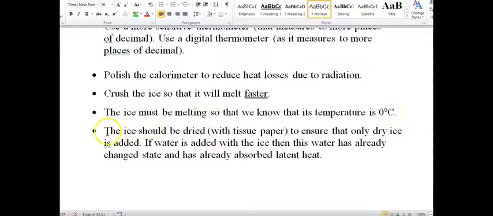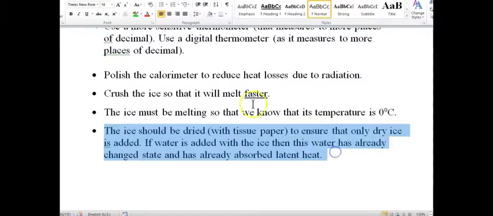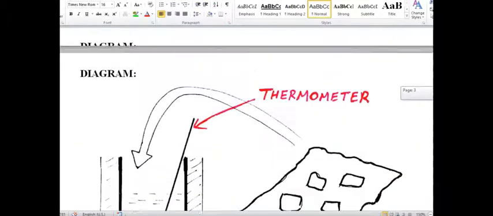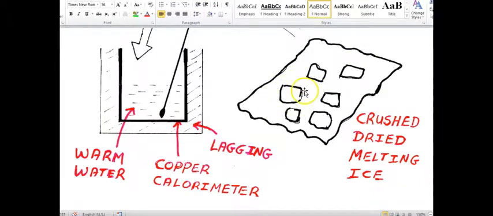An incredibly important precaution is this one here, and this is one that you really need to focus on. The ice has to be dried ice. It has to be dried with a tissue paper or some sort of cloth in order to make sure that only ice is added to the calorimeter. If we have a layer of water around the ice and we add that wet ice into the calorimeter, the layer of water has already changed state, so it cannot again absorb latent heat from the calorimeter.